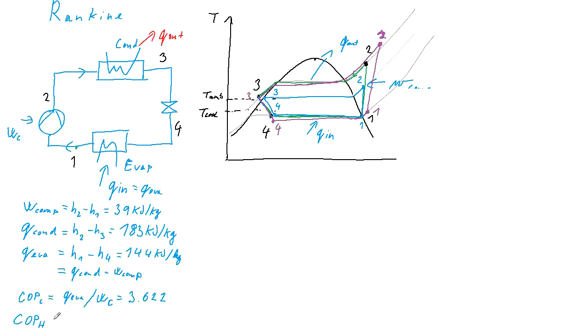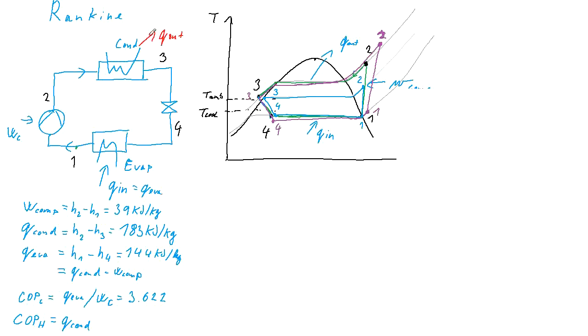Now the COP, if it was a heat pump, let's say it would be heat pump operating in the winter, taking heat from the air at minus 15 degrees C, and it would be upgrading it to get again air at comfortable 25 degrees C. So in the heat pump regime, we want to get the Q condensation.